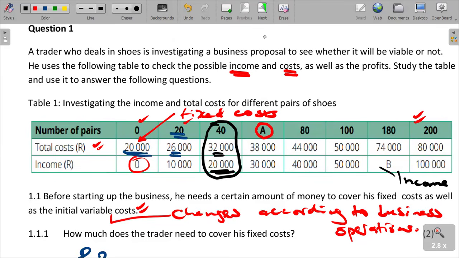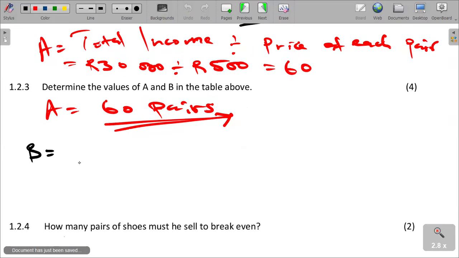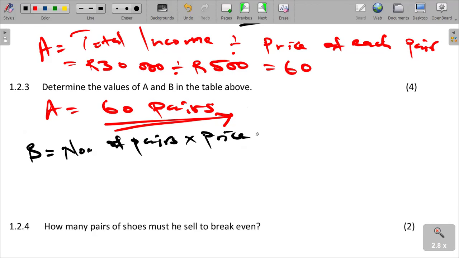So our B is equal to the number of pairs he had already sold, 180 pairs, multiplied by the price per pair, which is equal to total income.